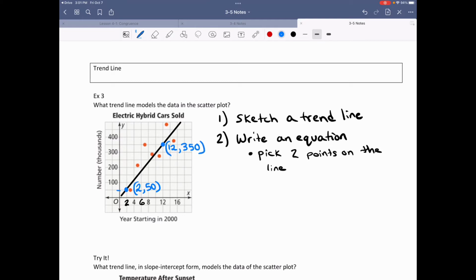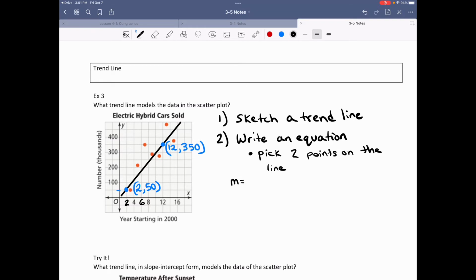Now, if you remember from our last unit, to write an equation from 2 points, you have to find the slope. So m equals the change in y.